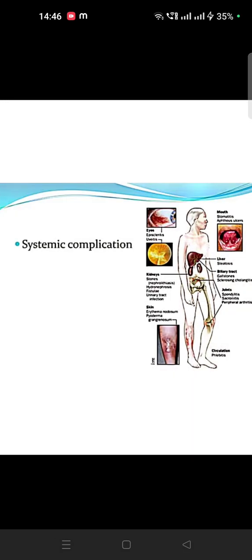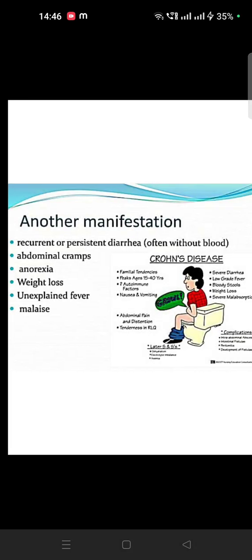The systemic complications are shown: the liver, biliary tract, joints, everything can be affected.